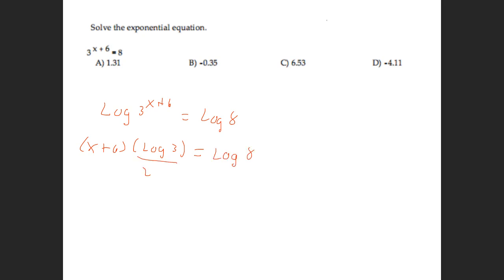I'm going to divide both sides by log of 3. So x plus 6 is equal to, again, I don't know what that is, so I'll get my trusty calculator out, log of 8 divided by log of 3. And I end up with 1.92789.